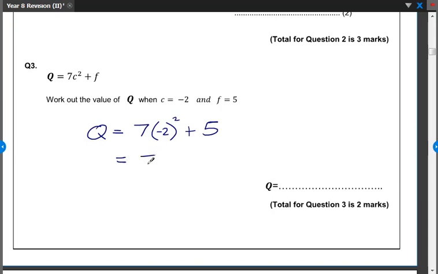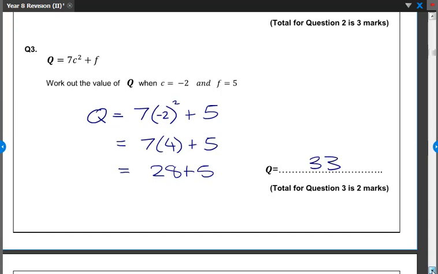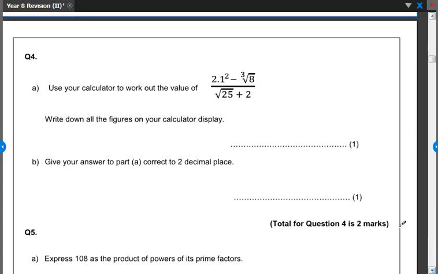That equals 7 times 4. 2 times 2 is 4, minus times minus is positive, plus 5. That equals 28 plus 5. That's 33. Irish people's favorite number, 33.